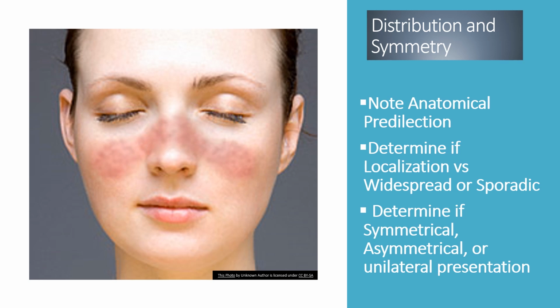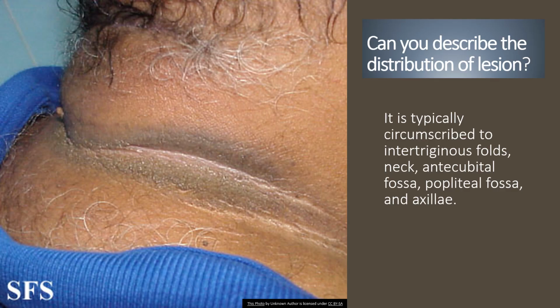Determine if lesion has symmetry, if it's asymmetrical or unilateral in presentation. Can you describe the distribution of this lesion? It is typically circumscribed to intertriginous folds, neck, antecubital fossa, popliteal fossa, and axilla.